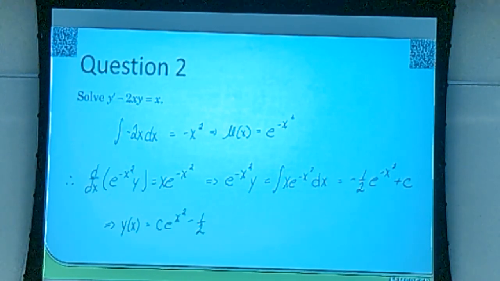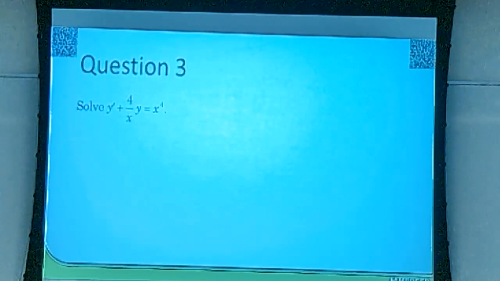Listen, these are standard formats. Is that linear?